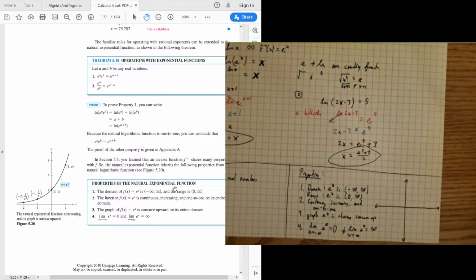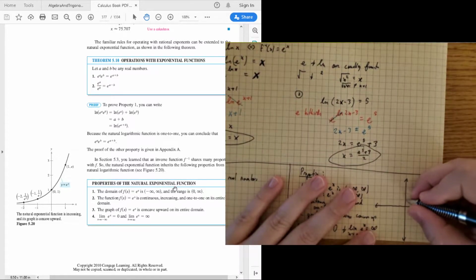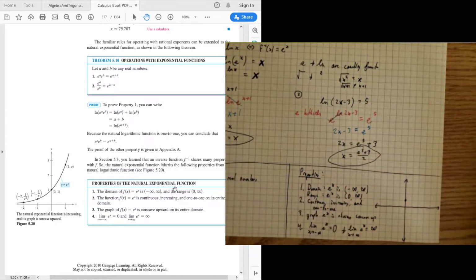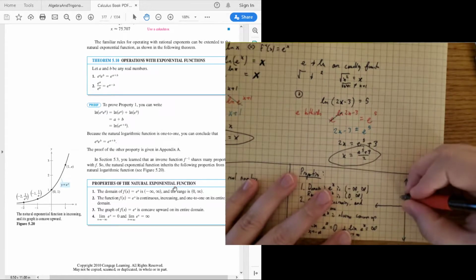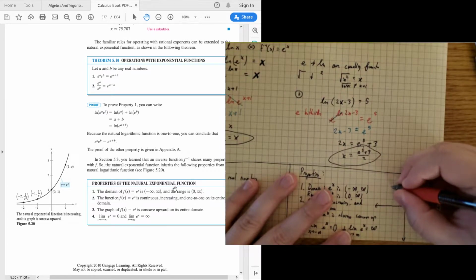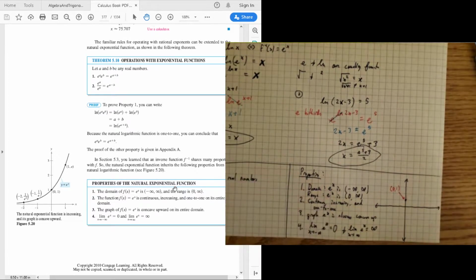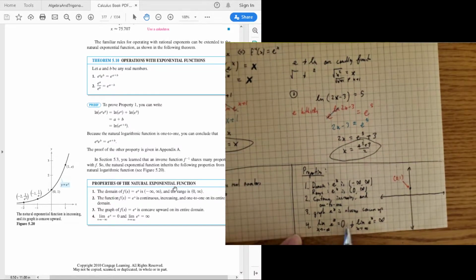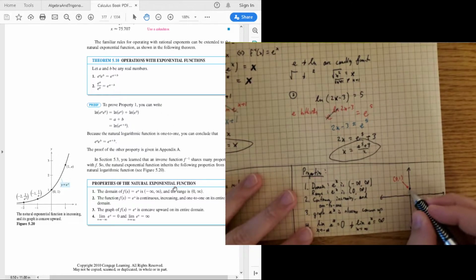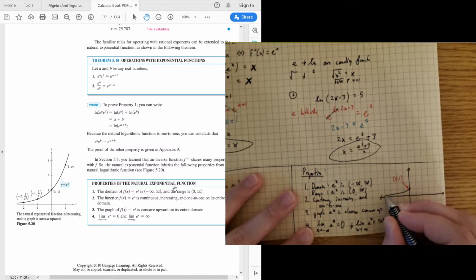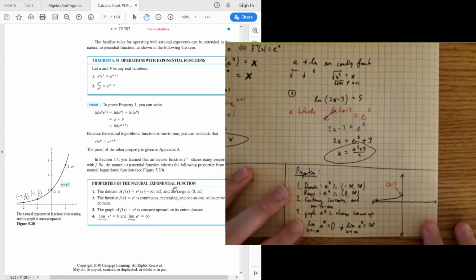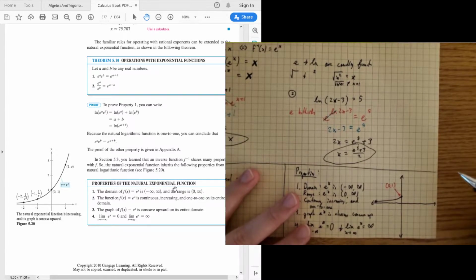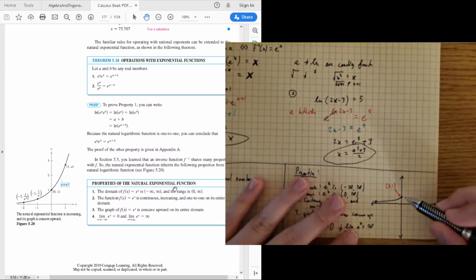There are examples in your text, but let's explain some features about this. First thing, it will have a y-intercept at (0, 1). As we go to the left, according to this limit, it's going to tend towards 0. As we go to the right, it's going to tend towards infinity.